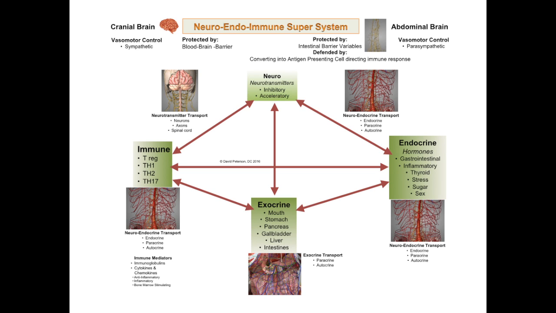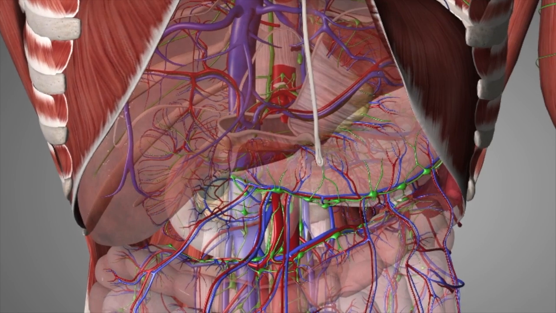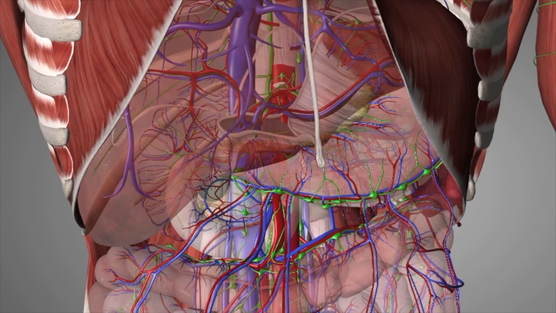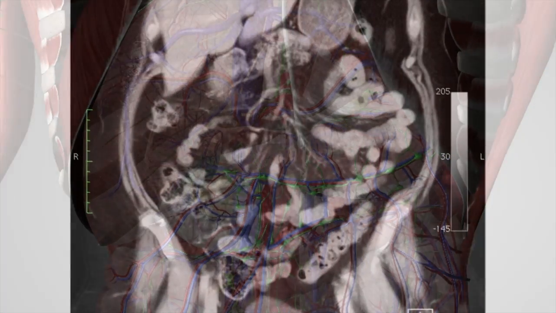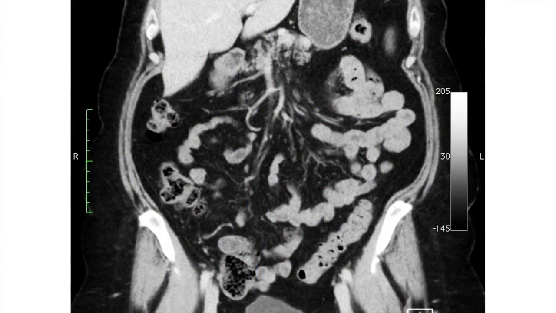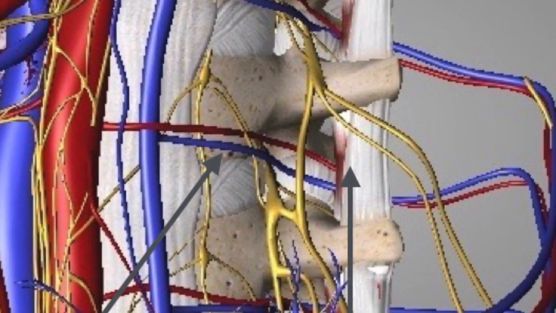Depletion of the neuroendocrine transmitters alters the blood flow to the sympathetic ganglion in the enteric nervous system. This results in the pooling of blood around the weakest organ, as seen on CT scans of those with portal hypertension. This in turn alters the blood flow to the spinal discs and muscles controlling vertebral movement.